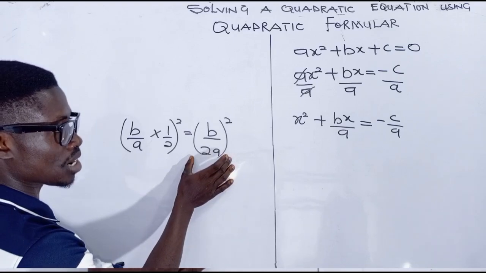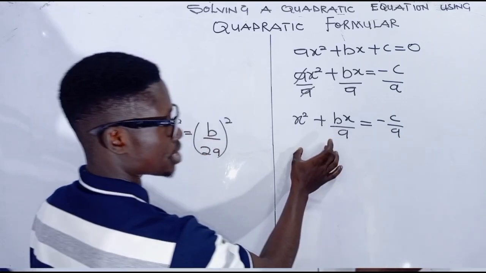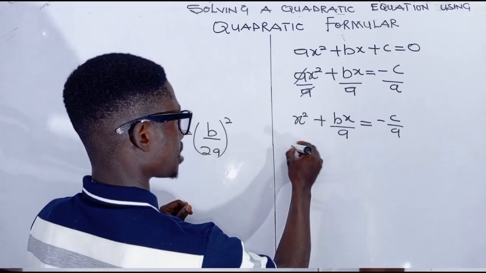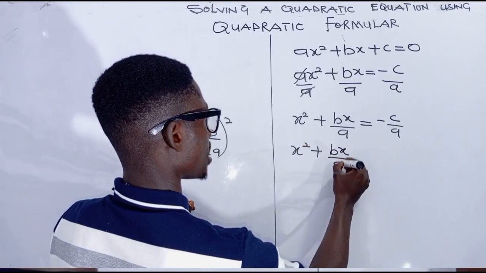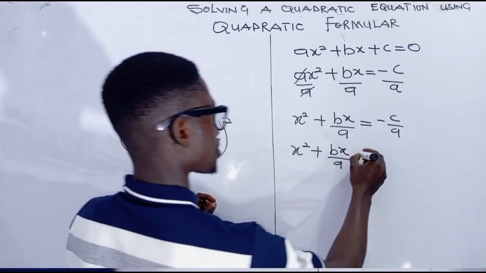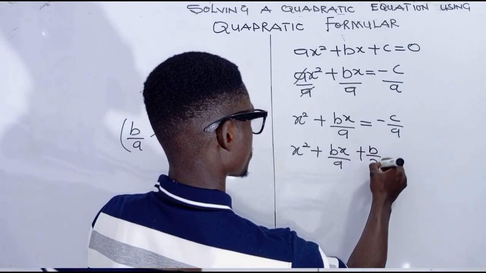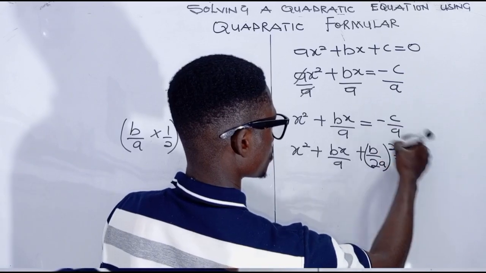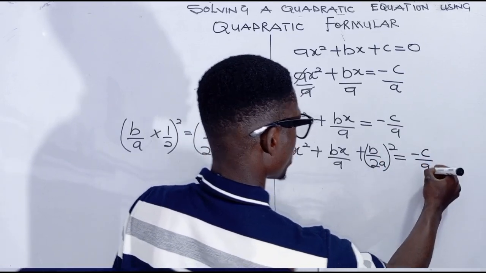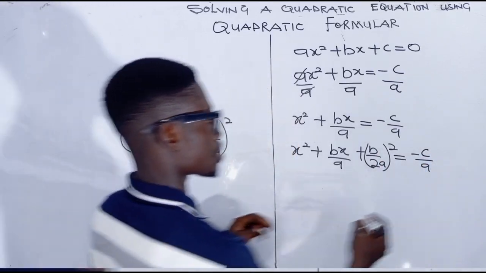Once you have this, we add it to both sides of the equation. So we will have x squared plus bx all over a plus this, equal to minus c all over a plus this.